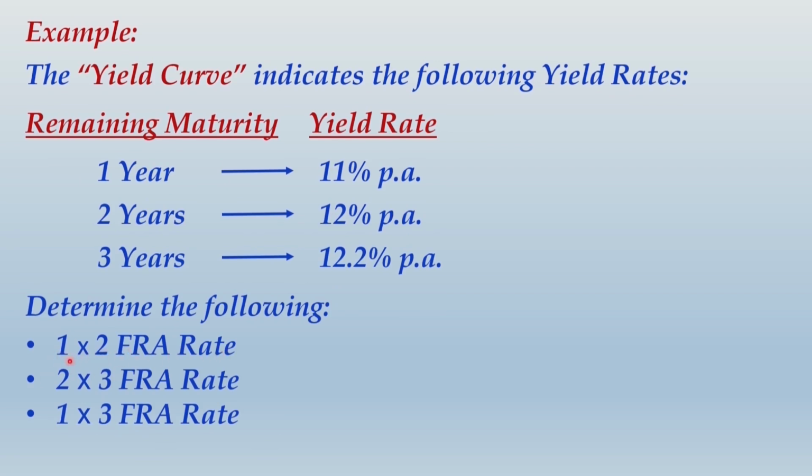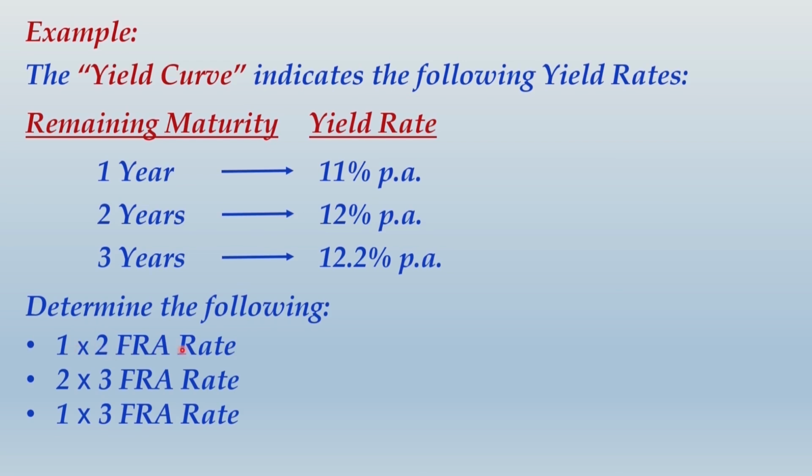I am sure you know the meaning of this 1/2 FRA rate. Now that means you would want to borrow after 1 year. You don't want to borrow now, you want to borrow after 1 year, and you would want to borrow for a period of 1 year. So here the objective of putting this in this format, that 1/2 FRA rate.